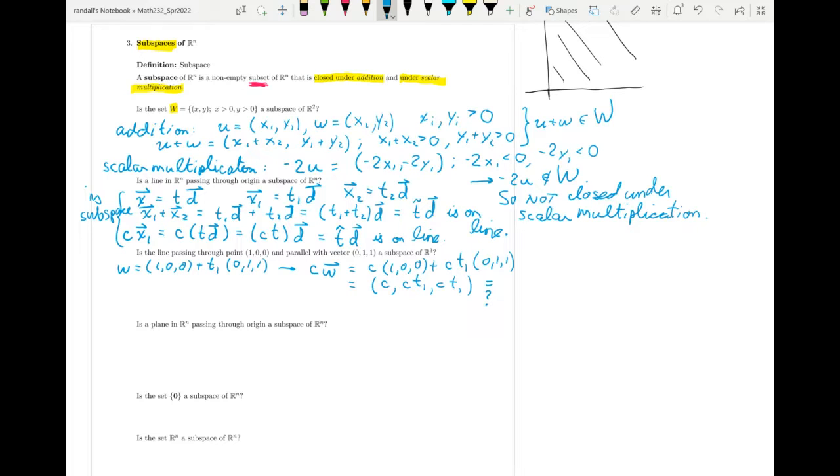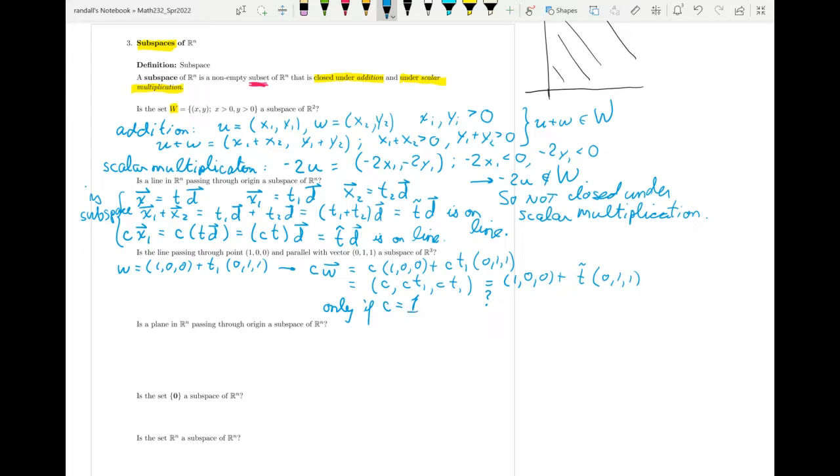In other words, can I write this as (1, 0, 0) plus something times (0, 1, 1)? If it was, then it would be in that set, but it's not going to be. The only way it's going to work is if c is 1.